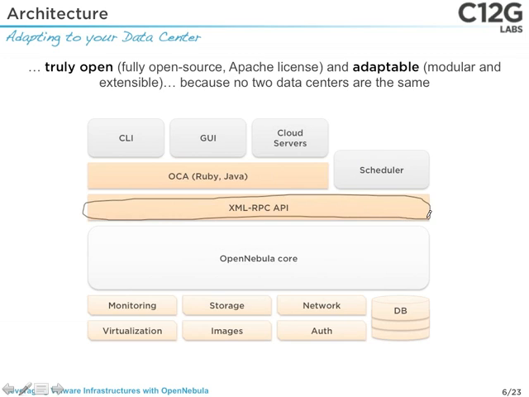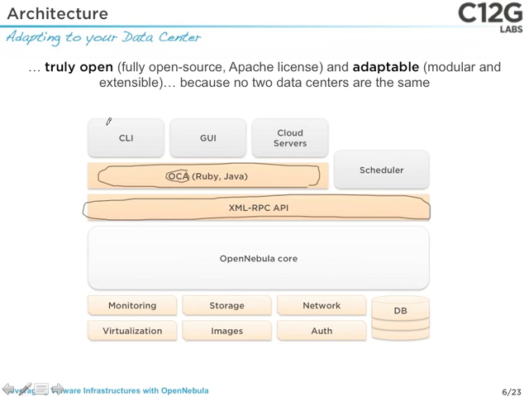This is the richest API offered by OpenNebula, but then it gets abstracted away by the OpenNebula Cloud API, which provides bindings for Ruby and for Java. So all the components that interact with OpenNebula use this OpenNebula Cloud API, or OCA, as we call it.